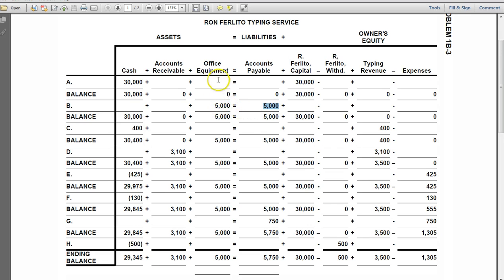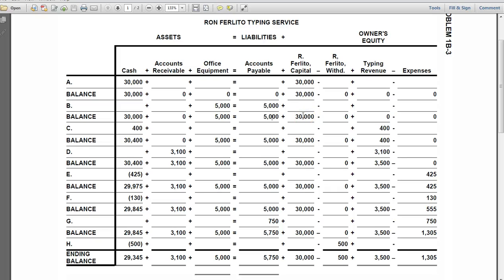Two accounts, they are office equipment and accounts payable. They're both going up, so we're going to be adding the 5 to the equipment and adding the 5 to the accounts payable. That establishes the new balances for the office equipment and the accounts payable. We still have the 30 in cash, and the owner still has 30 in owner's equity.